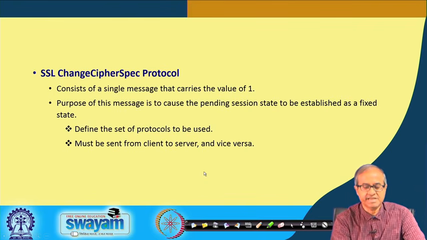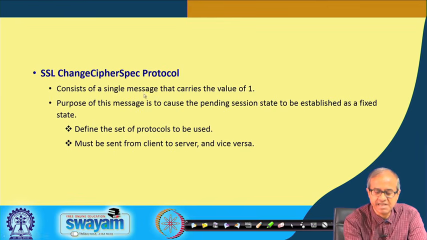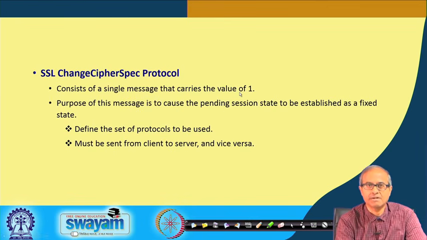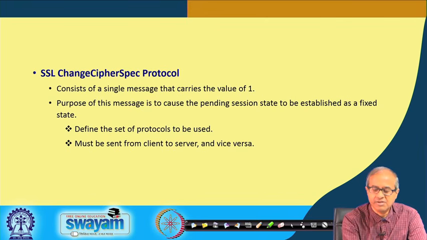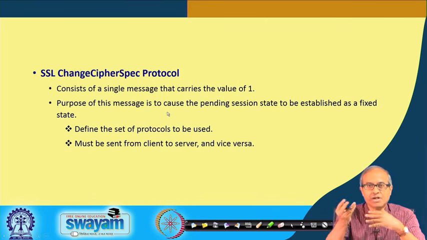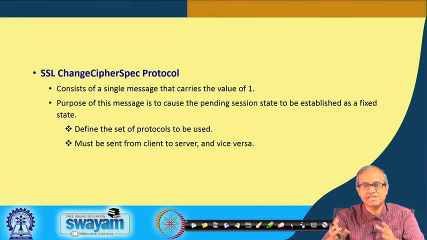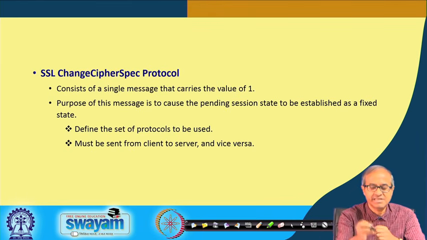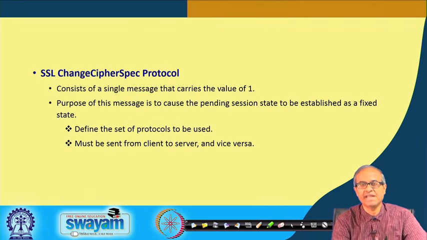And the change cipher spec protocol consists of a single message that carries the value 1. What it tells is that whatever earlier messages specified, which protocol to use, exactly which encryption algorithm to use, if this message is sent, all those things will take effect immediately.